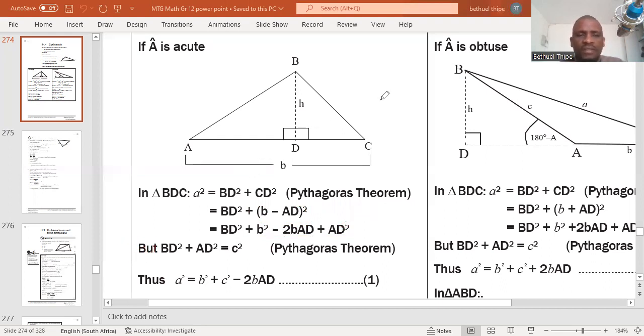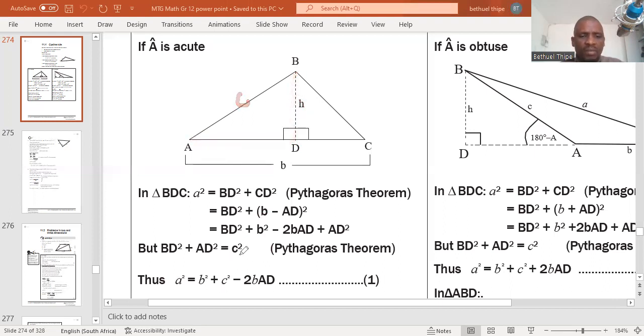C squared, when I'm referring to C squared, I'm talking about this side here. This side is C. And now when we consider C squared, we are going to say C squared is given by the sum of the squares of the adjacent sides, BD squared plus AD squared. Remember, this is our C. We are now talking about this triangle here, which is called triangle ADB. I can try to highlight the triangle ADB. We have C here.